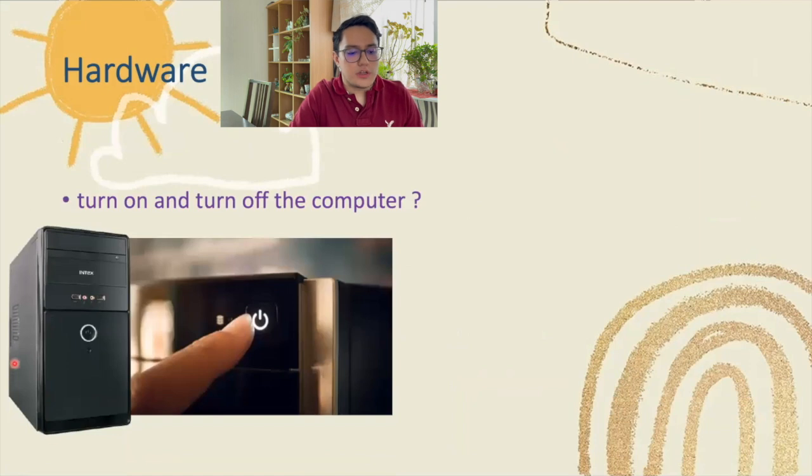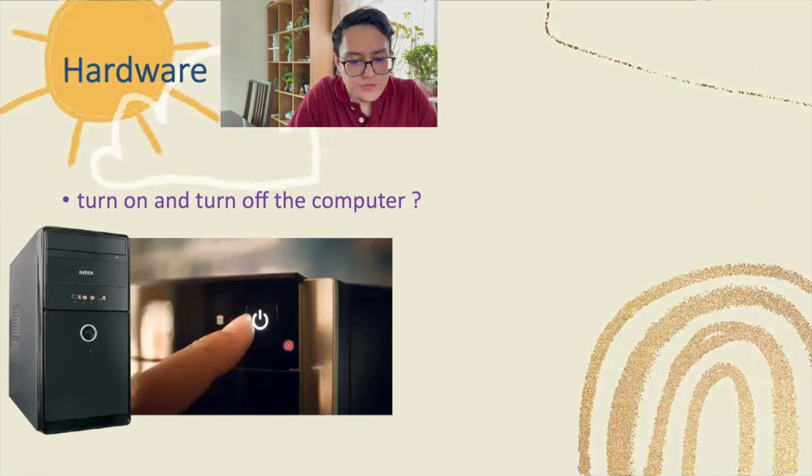So, first, I want you to find your CPU. And then I want you to find this button with this symbol. Don't press it. Don't press it. Just find it. So, if you don't have a PC, a computer, you have a laptop, I think. So, if you have a laptop, you can find this symbol next to your keyboard.